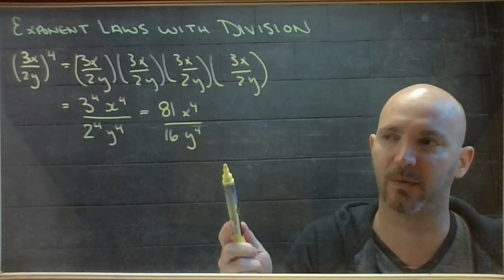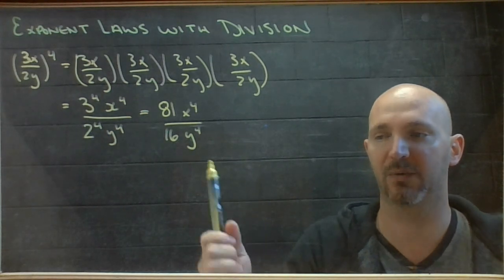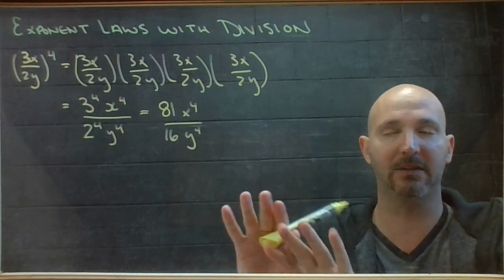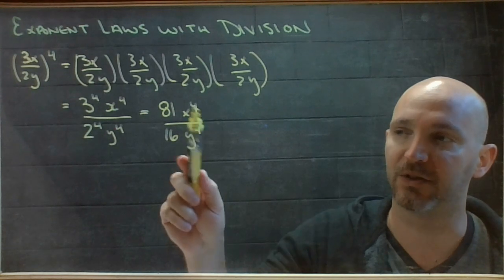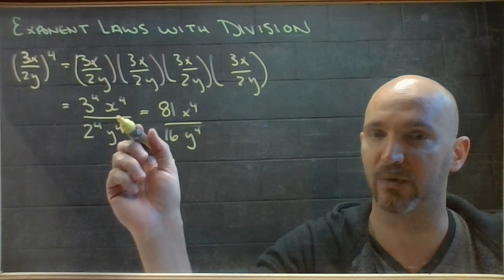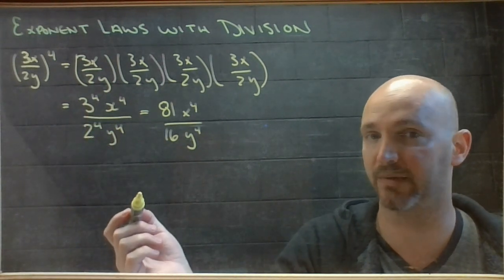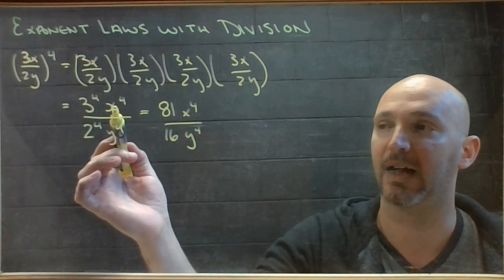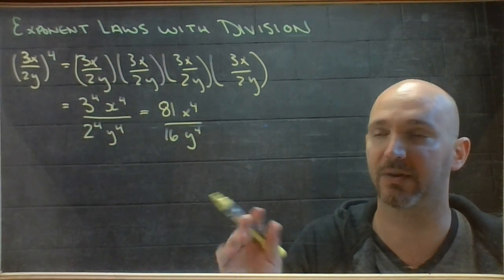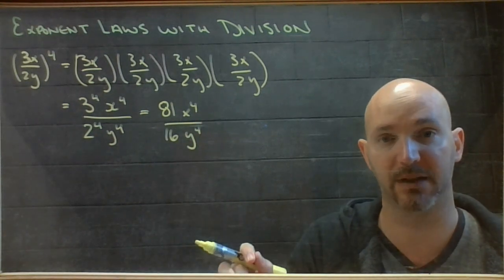And when you're doing a division one, unlike the multiplication ones where you're able to take two x's and put them together, in a division one, you're looking to see if anything divides out. So if I look at this form, I have 3's on top, 2's on bottom. Those don't divide each other evenly. I have x's and y's on top of each other. They don't divide evenly. So this is as reduced as it can be.